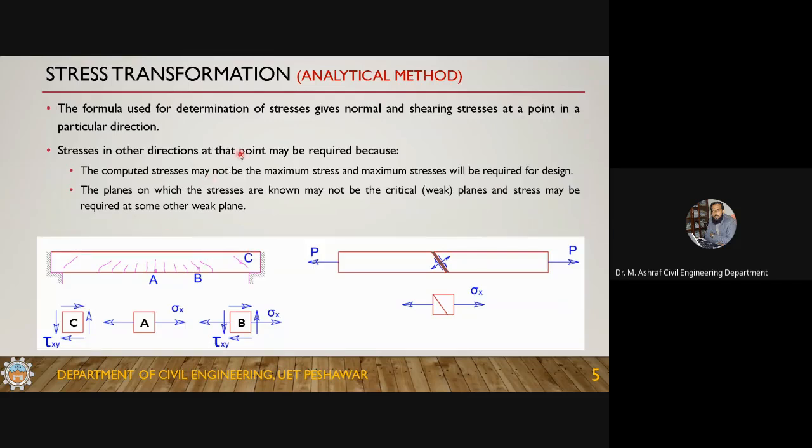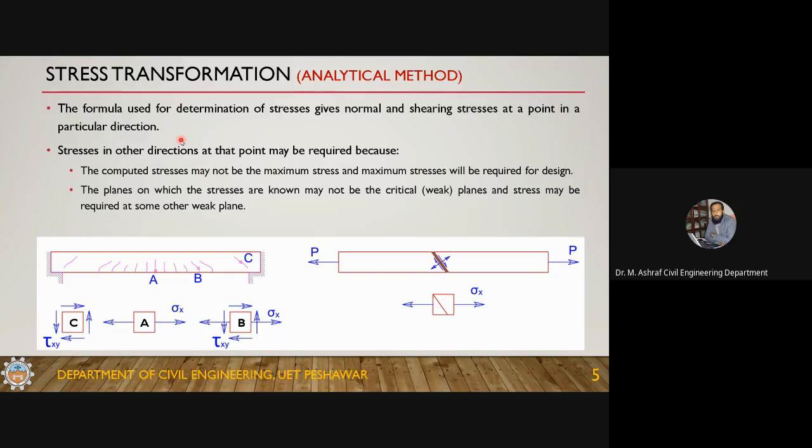The formulas, as I've told you, used for determination of stresses, like the flexure formula, the combined stress formula, the unsymmetrical bending formula, give normal and shearing stresses at a point in a particular direction. These formulations give stresses in a particular direction.